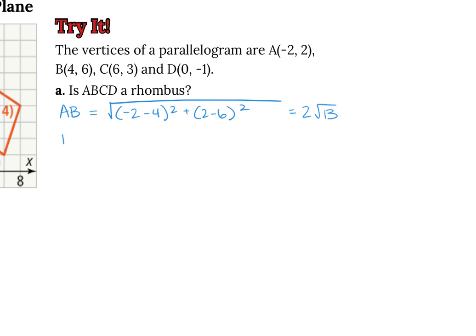So let's check another one. All right, that's going to end up getting me square root of 13. Well, those are not equal to each other, so I know that this cannot be a rhombus.